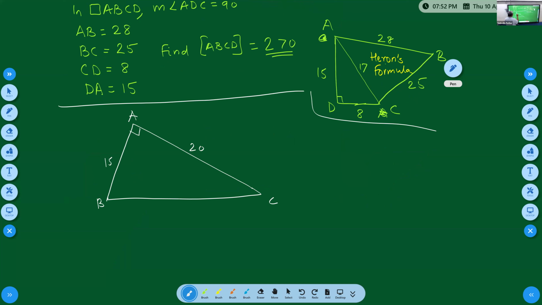AD is perpendicular to BC. DE is perpendicular to AC. Find DE. AB is 15, AC is 20. Find DE.